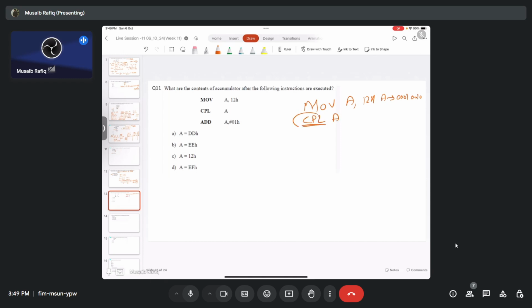Anyone? What does this CMA mean in terms of instruction? What do we have to do?